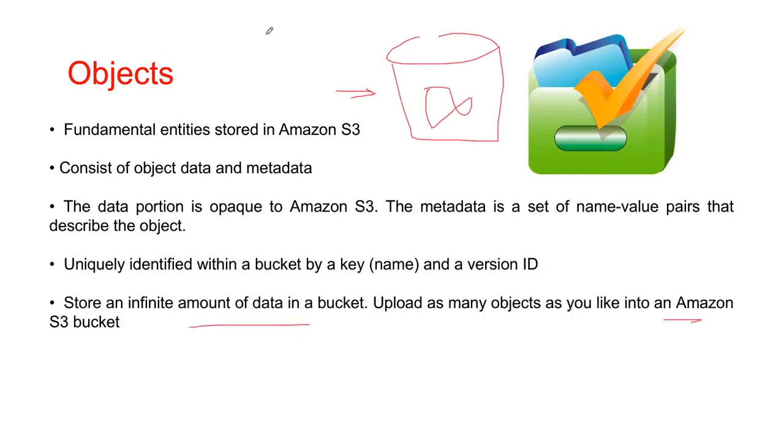However, the condition is that the size of a single object that you're trying to upload to this bucket should not exceed 5 terabytes. It's an exceptional thing to have a single file with a size of more than 5 terabytes. If you do, you have to break that file into different parts and then upload it to the S3 bucket.